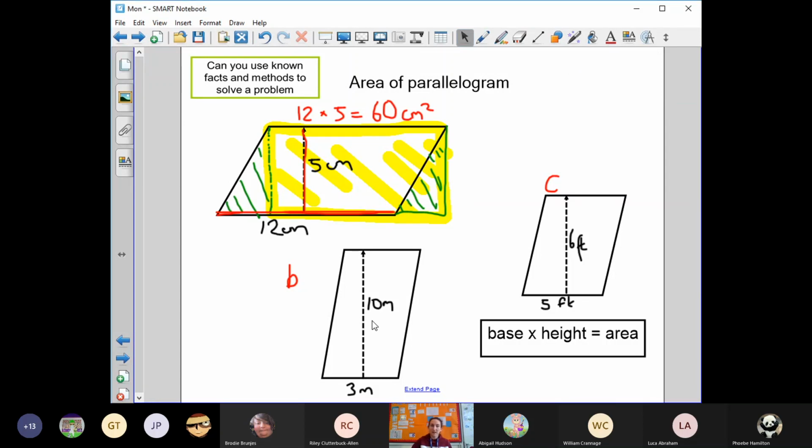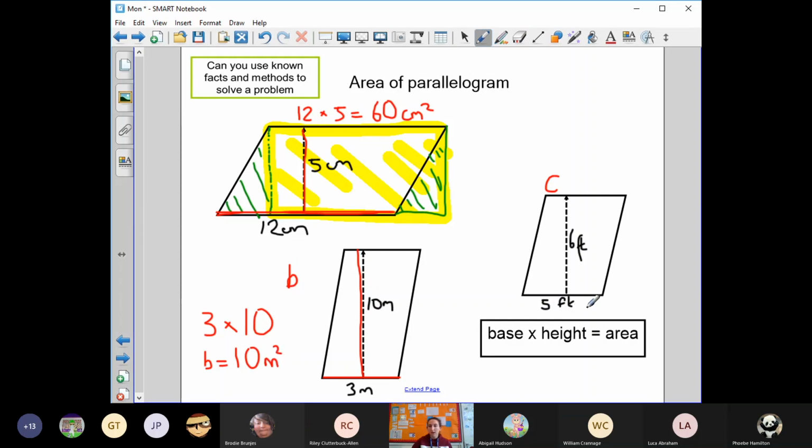What would be the area of B? So remember, it's just like finding the area of a rectangle, okay? Because it's basically just a rectangle that's gotten squashed. Okay, so to work out B, I'm going to do the base, which is 3, times by the height, which is 10. So B area would be 10 meters squared.